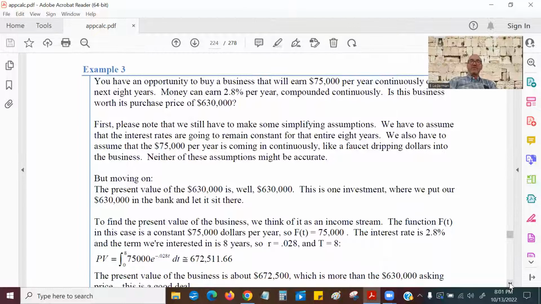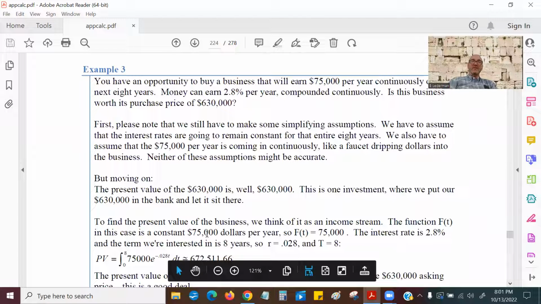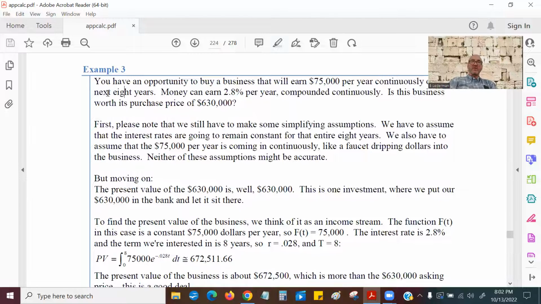The function f of t is the constant $75,000 per year. So f of t is equal to 75,000. The interest rate is 2.8%, which as a decimal is 0.028. And the term is 8 years, because it said right there 8 years.